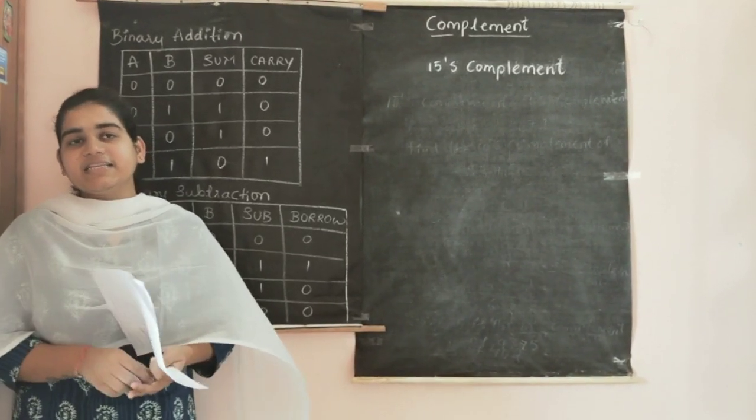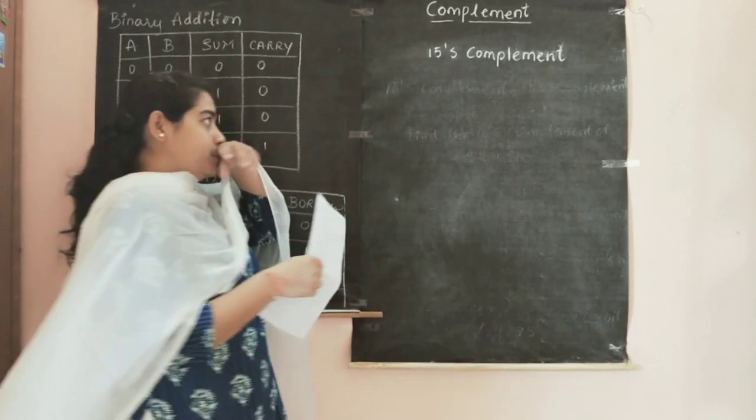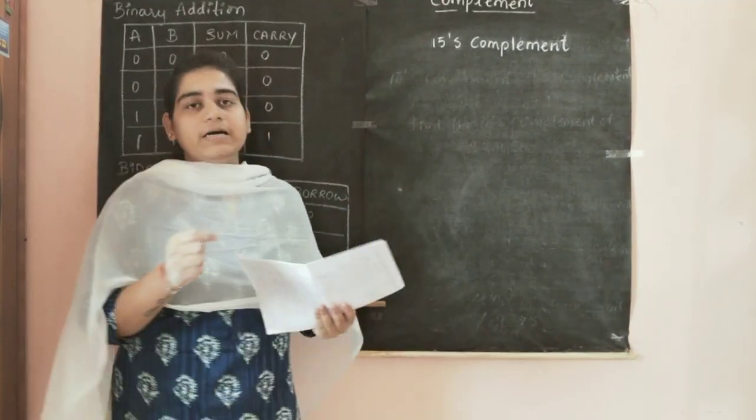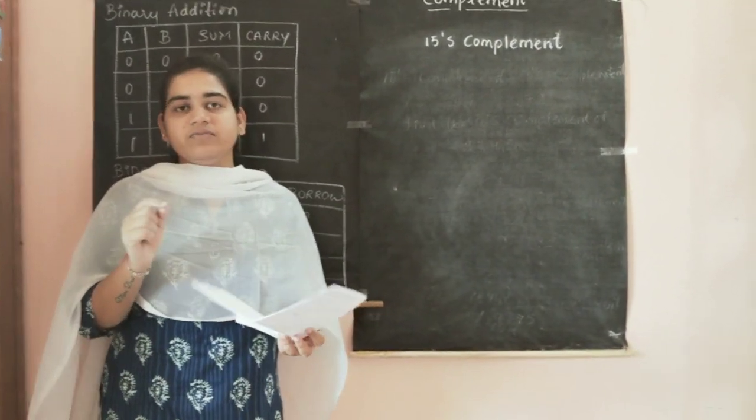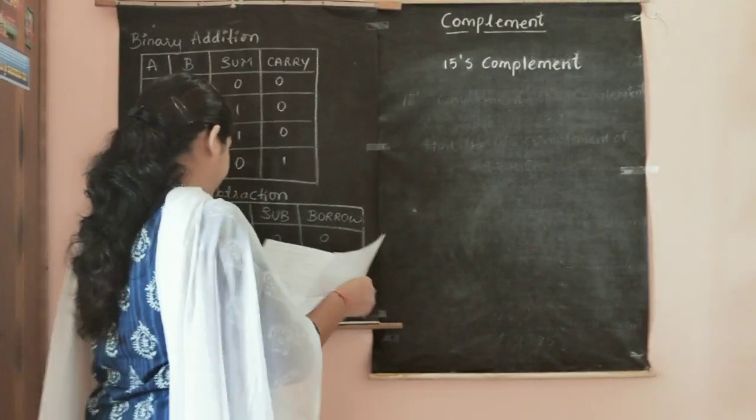That is, in hexadecimal, 15 means F here. So we will subtract all the digits of the given number from F here. We will consider one example here.